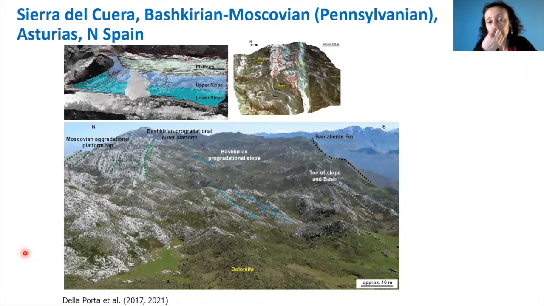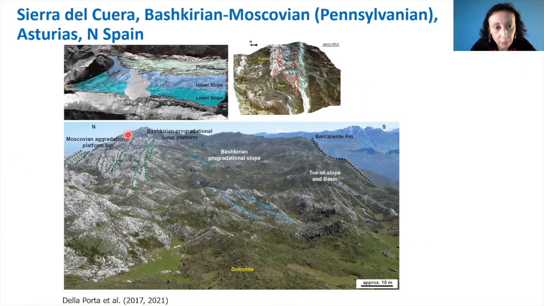This outcrop, as you can see, is mapped here, and can be observed from some panoramic viewpoint that can show all the facies belts represented in this mapping. If we could, in this moment, be in this position where the red dot is, the image that we would see is the panoramic view represented here with, on the right, so towards the south, the basinal deposit.